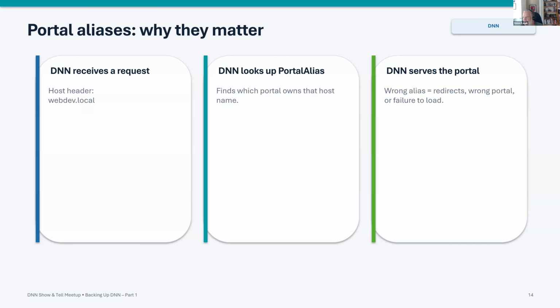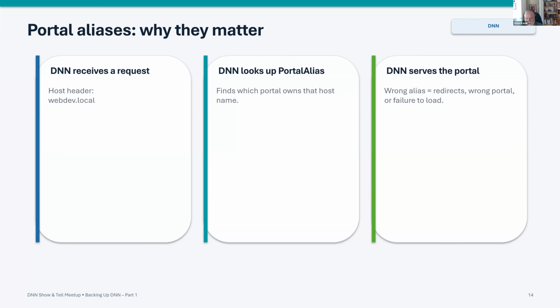Now, the other thing is that you have to make sure you change your portal alias on your DNN site. Baked into your DNN site is the URL that it is expecting. And so I had it before as webdev.stevekarpik.com. Well, if I try to visit that when I have it all installed locally, if I don't change the portal alias, DNN will say, I have no idea what you're talking about, and it doesn't give me anything useful.